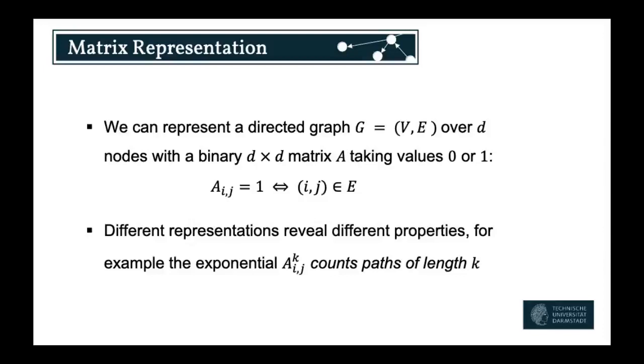So if you have A to the power of 3, then in the values it counts all the paths of length 3 that go from one node to another. That's a very, very cool property.